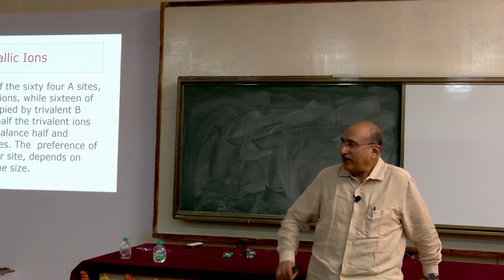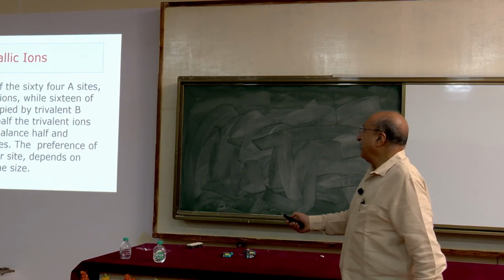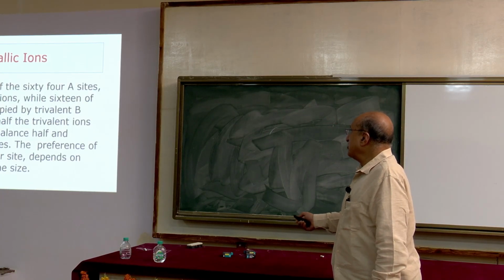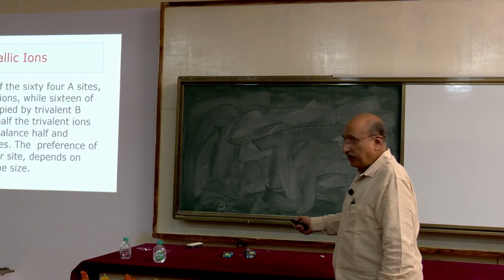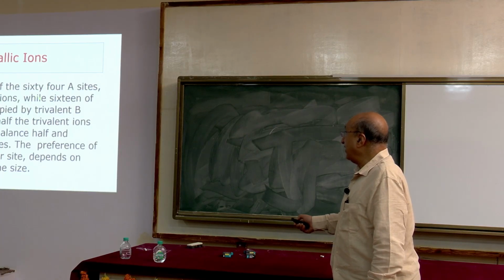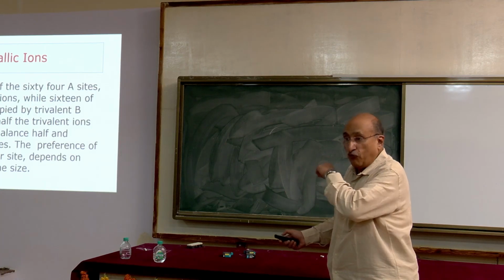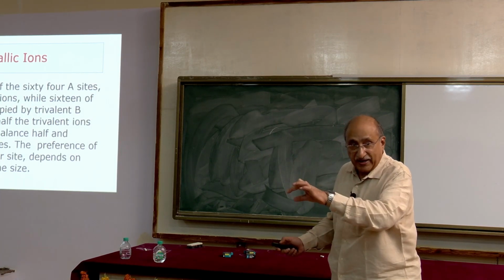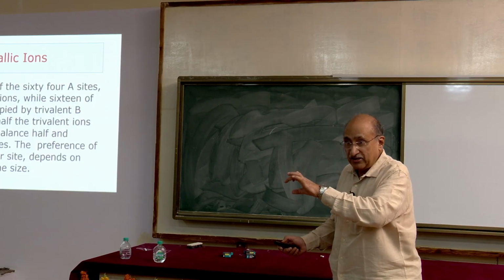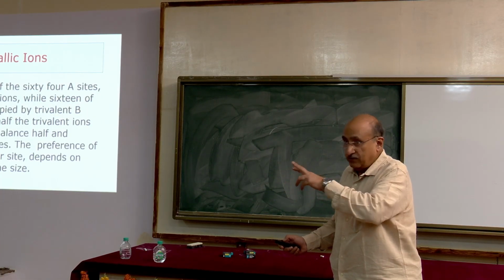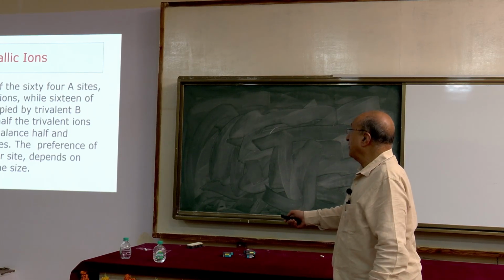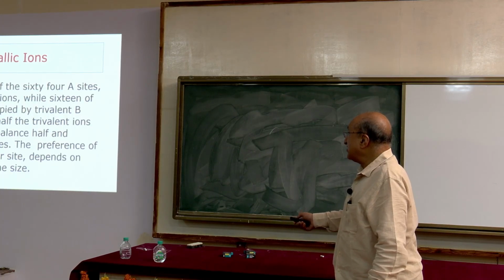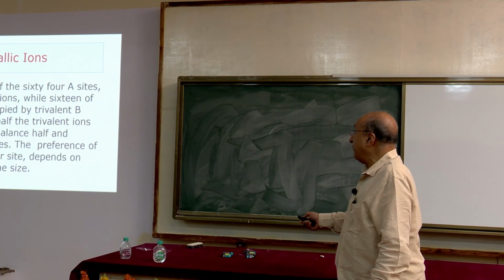Because in my flow, I can make mistakes. In a normal spinel, 8 of the 64 A sites are occupied by divalent ions, because you have AB2O4. So A has to go to the tetrahedral site, and there are 64 sites, so only 8 are going to be occupied by divalent ions, while 16 of the 32 B sites are occupied by trivalent.